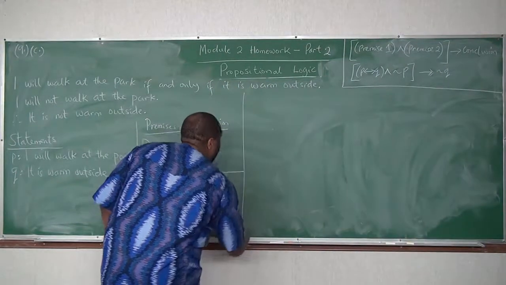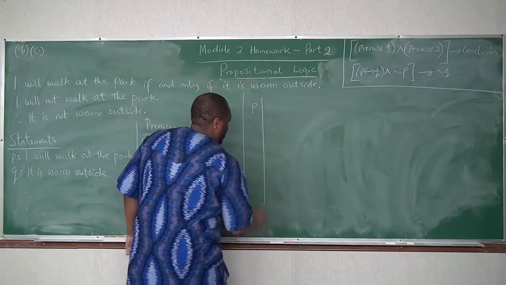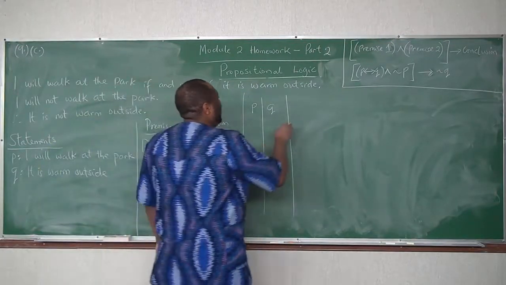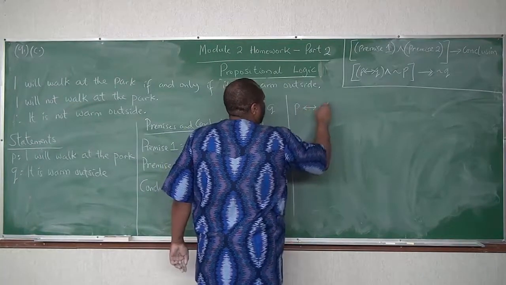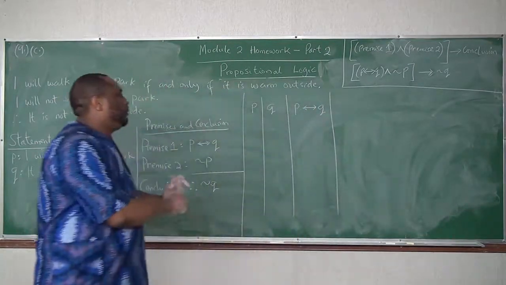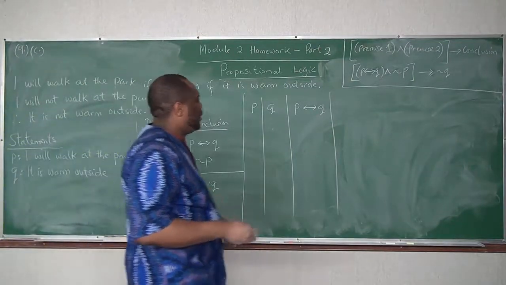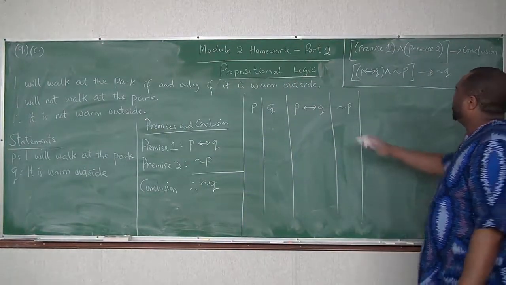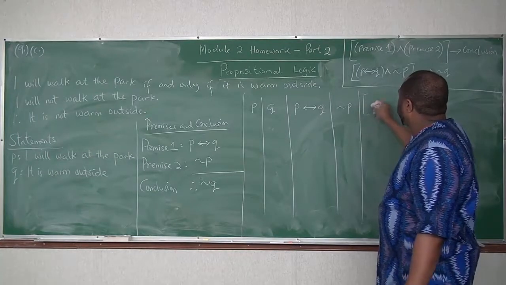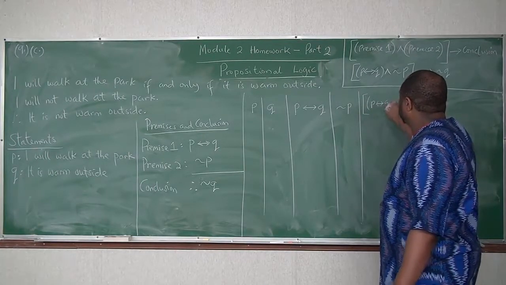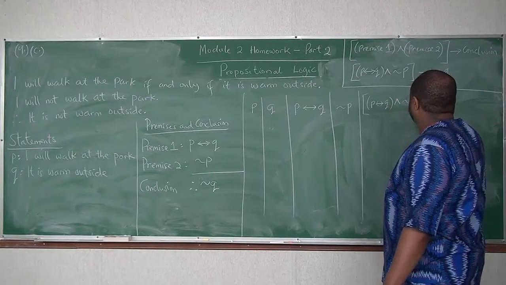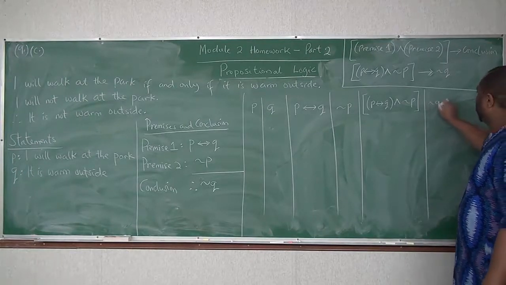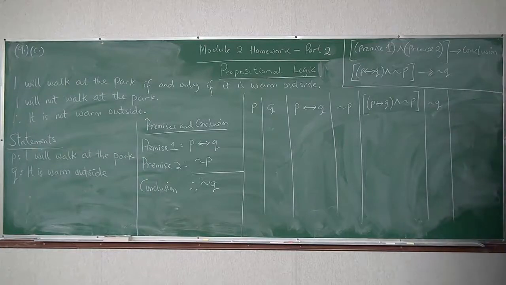So we have our P, we have our Q, we have P if and only if Q, P biconditional Q, we have not P, okay, we have P biconditional Q and not P, okay, then we have not Q, then we have everybody.